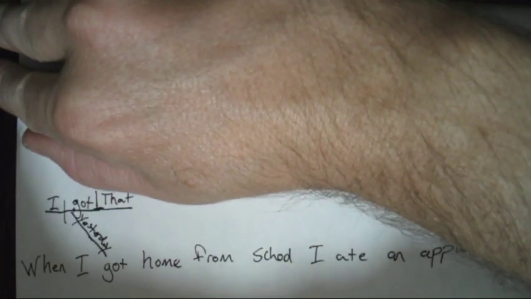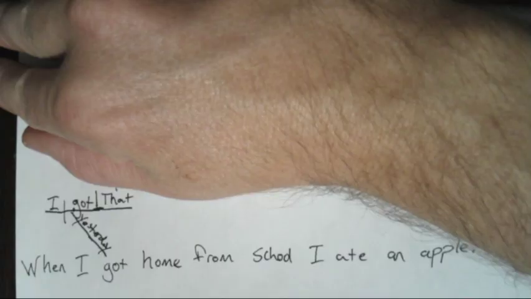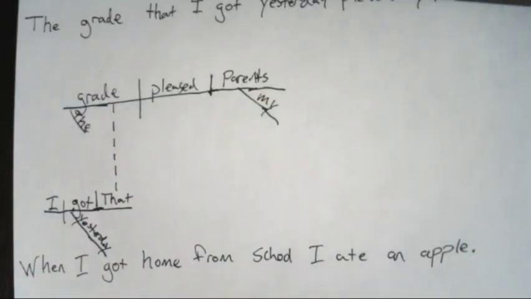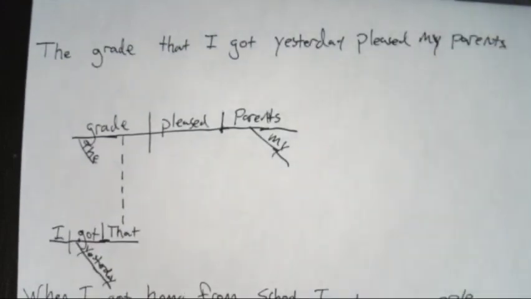That could be a sentence on its own. Well, that's what makes it a clause, okay? A clause could be on its own, but it's not always on its own. This clause is being used to modify grade. That makes it an adjective clause because grade is a noun.